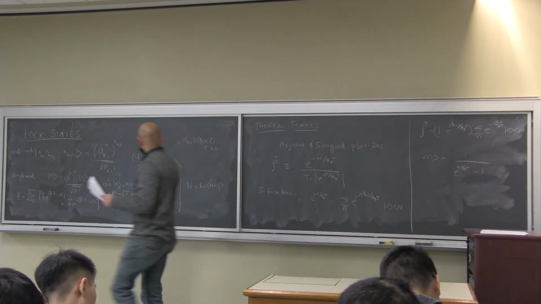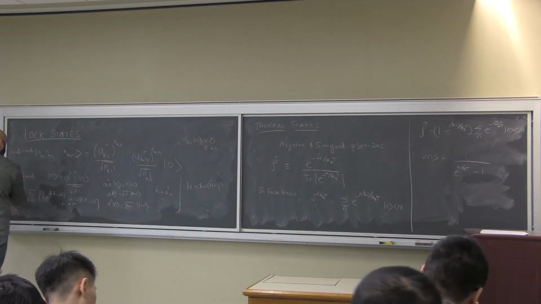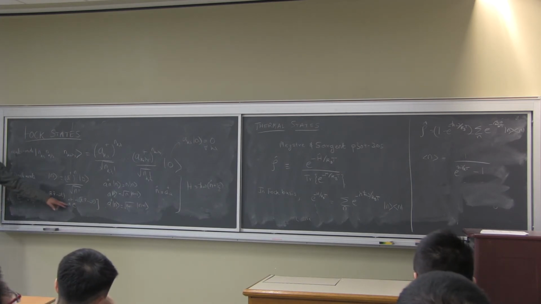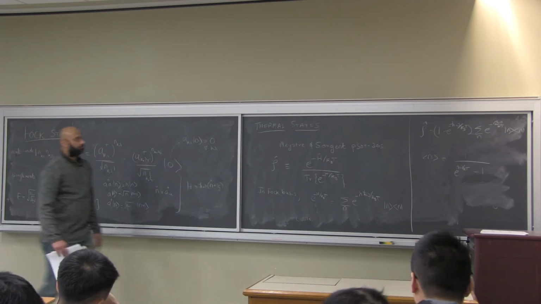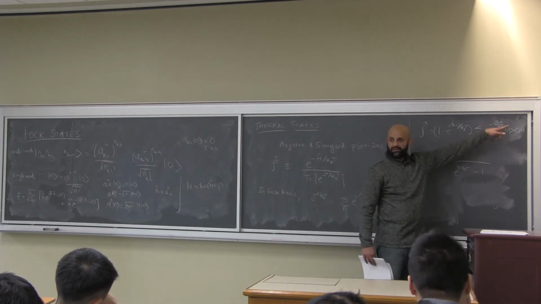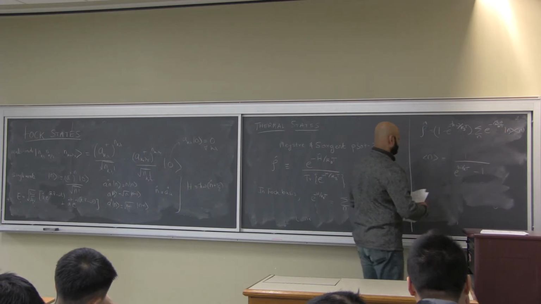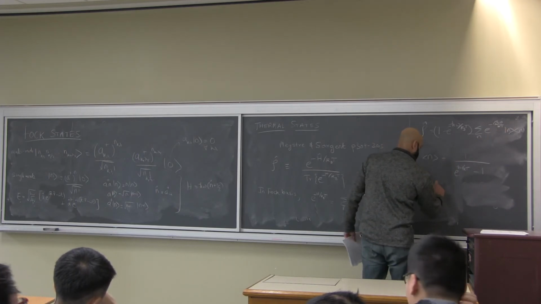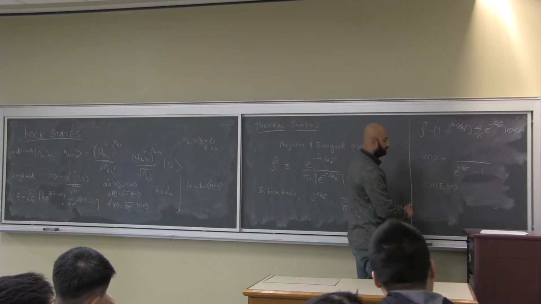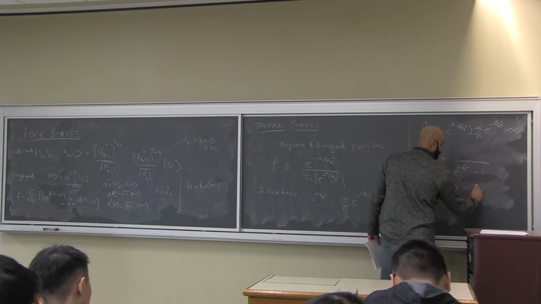You can also see, because the operator for E, the electric field in a single mode, has an a dagger in it, and this guy is diagonal in the number state basis, you immediately see that in a thermal state the expectation for this is 0.